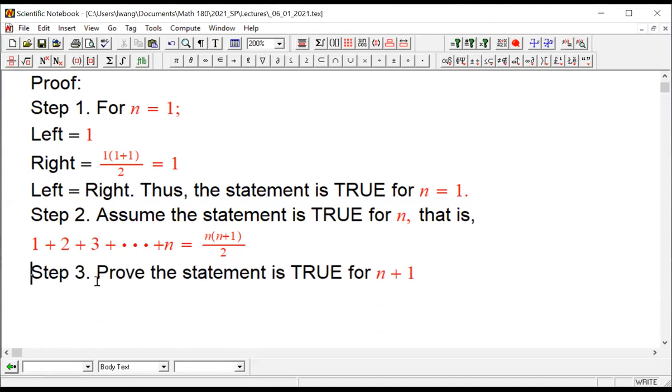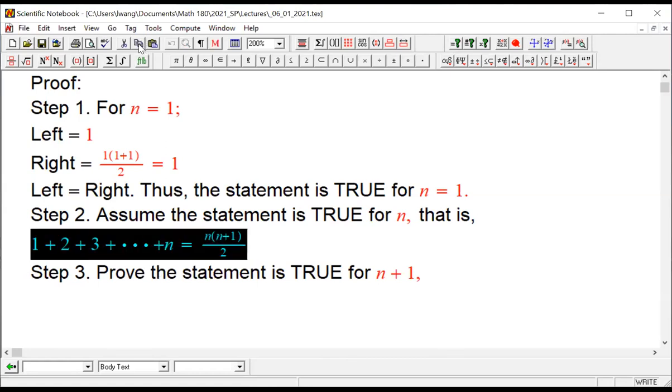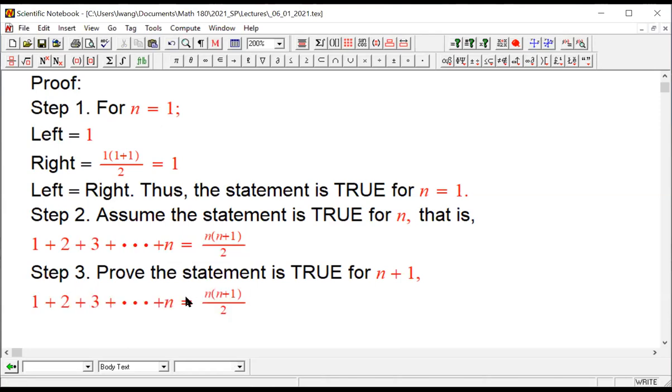Okay. Step 3 is that we're going to prove the statement is true for n plus 1. I highly recommend you write out what that statement is. What is that true statement for n plus 1?